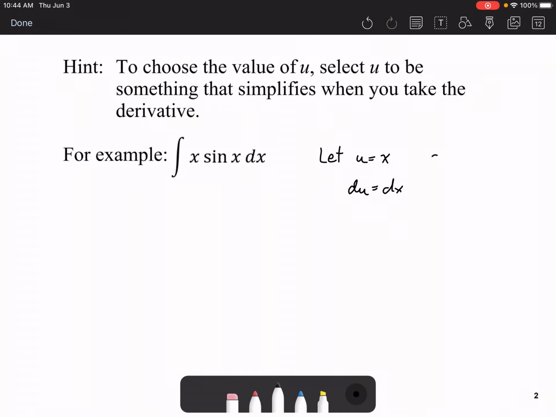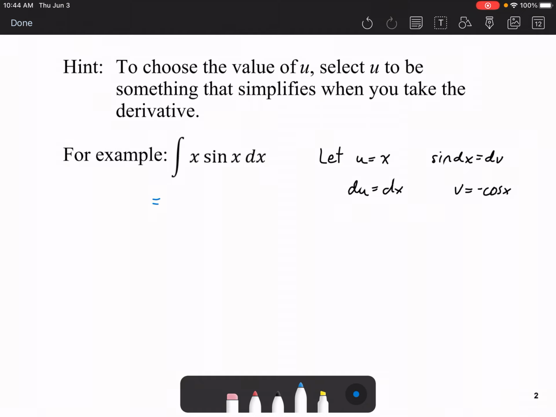And therefore, sine x dx is our value for dv. And therefore, v is actually the value of negative cosine x.